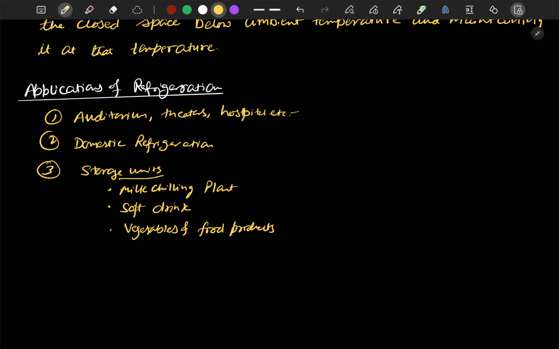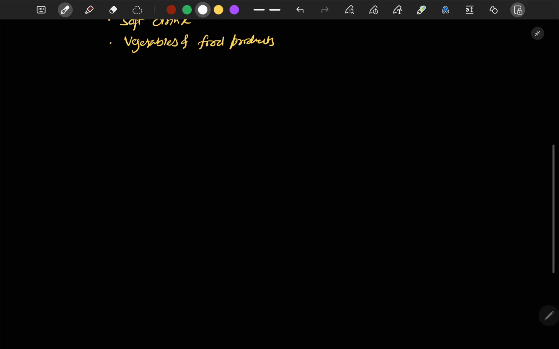Now there are some types of refrigeration systems. We will see what the various types of refrigeration systems are.